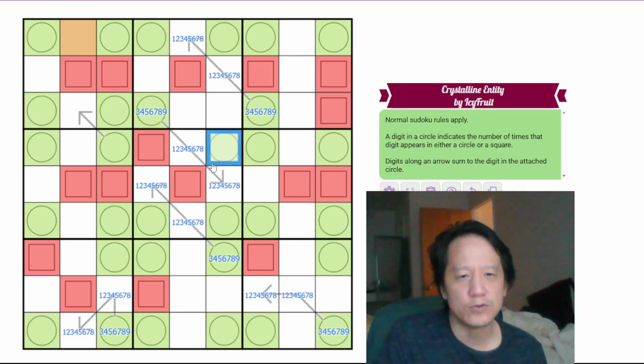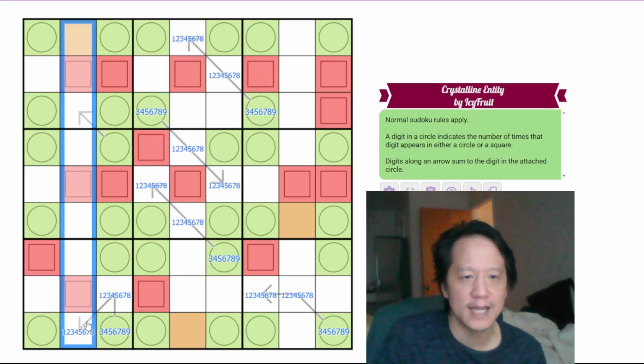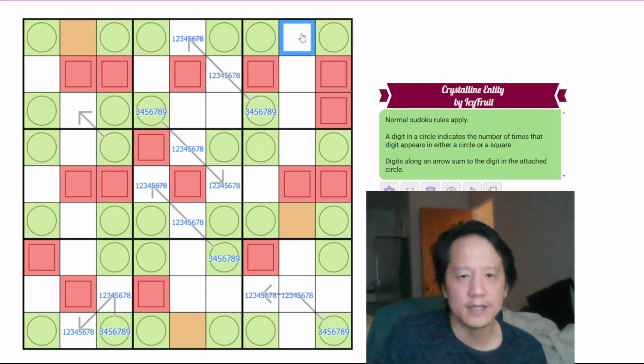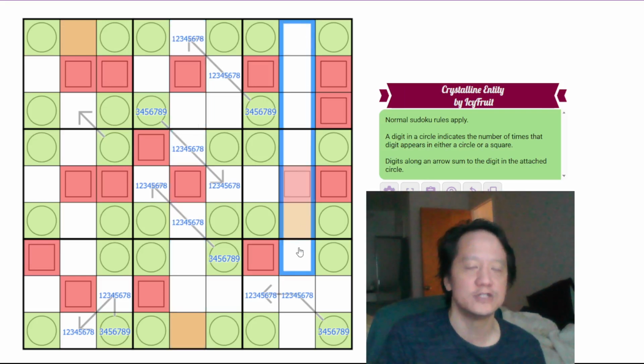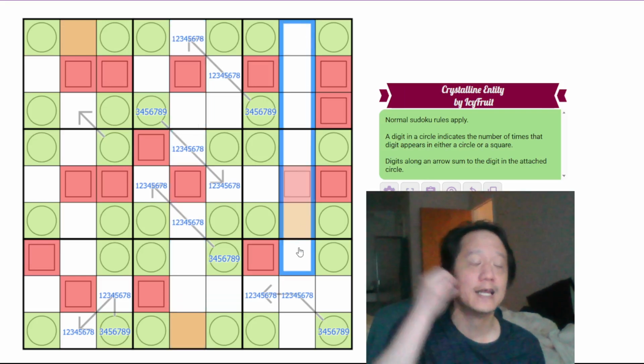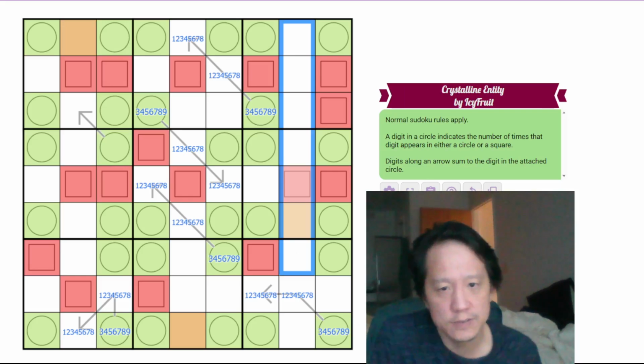Say the orange could be here, here, and here, or something like here, here, and here. Whichever one it is, the squares in columns 2, 5, and 8 cannot contain that digit.